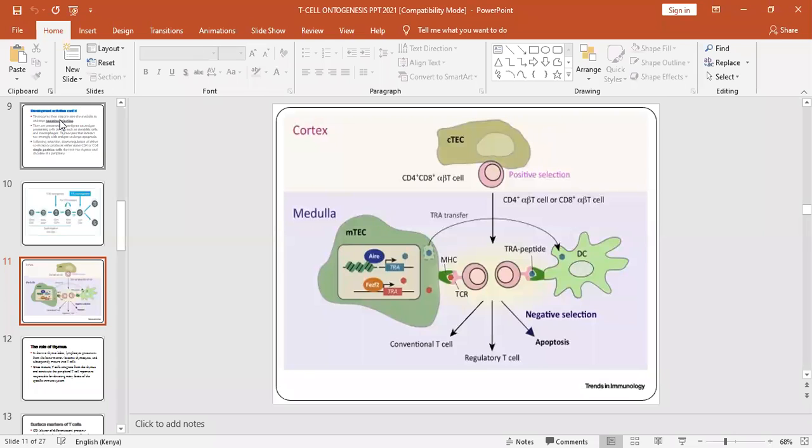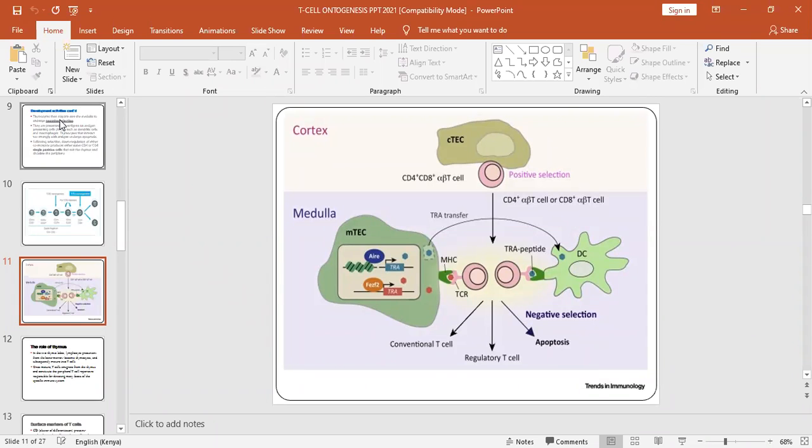Now, in the medulla, as much as the cells have differentiated into a mature CD4 cell or CD8 cell, there is still a problem that these cells might end up becoming autoreactive on their own capacity as a CD4 cell or as a CD8 cell.